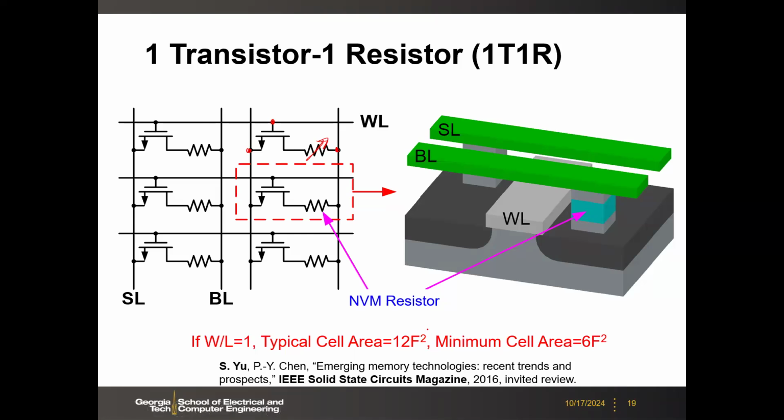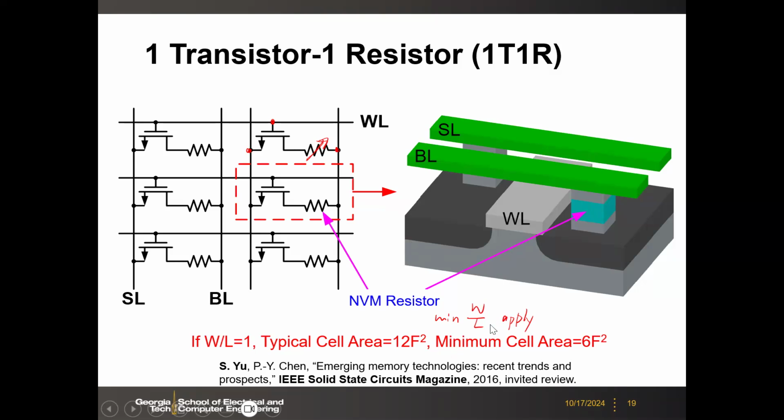There is a big assumption. So here, the minimal W over L applies here, okay? But that may not be true. If your resistor here needs large current to program it, your minimal transistor size may not be enough to provide the current.